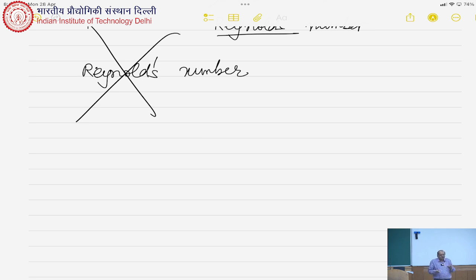in fluid mechanics. We will not have time, but a more correct way of doing this is to take our Navier-Stokes equations and non-dimensionalize them. That means wherever we have any quantity x, y, z, we start non-dimensionalizing all the variables.